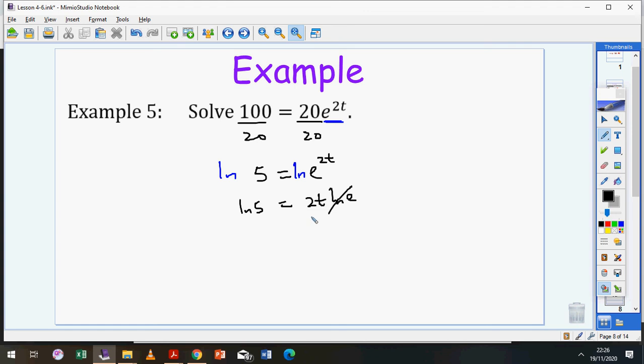So natural log of 5 is equal to 2t. That means t is equal to natural log 5 divided by 2. Plug that into your calculator and get the final answer to 4 decimal places.